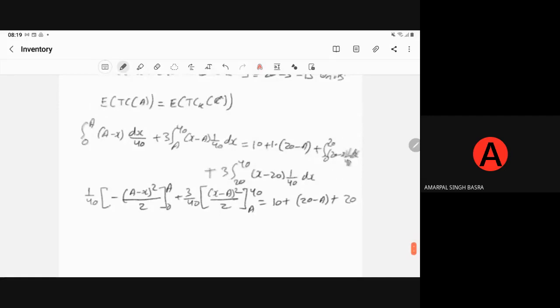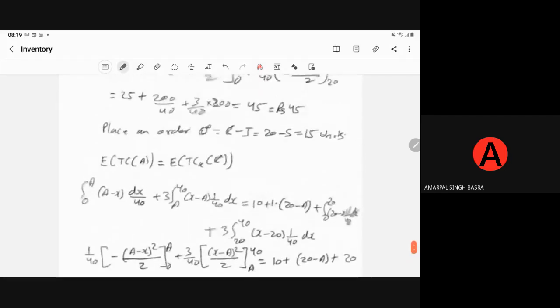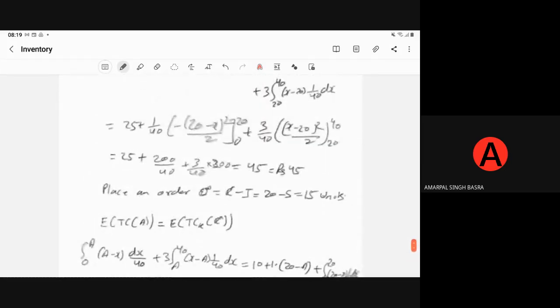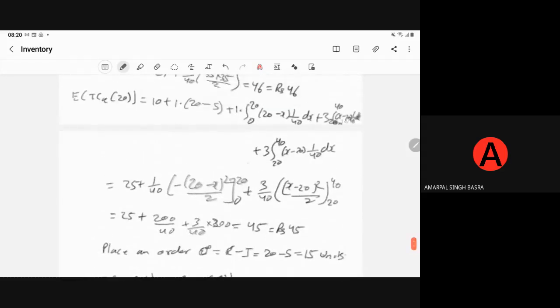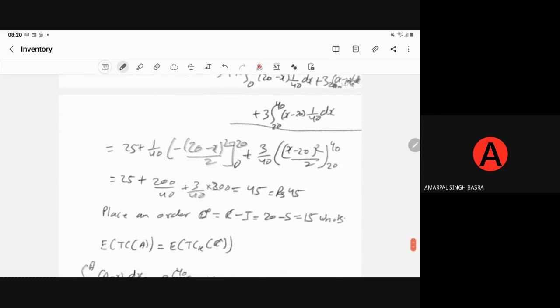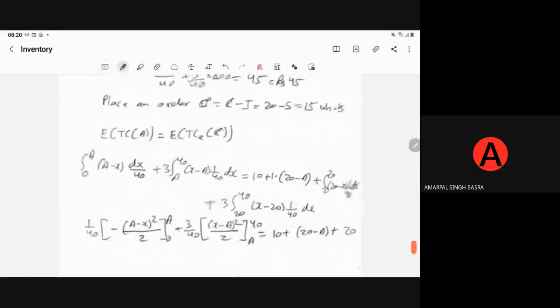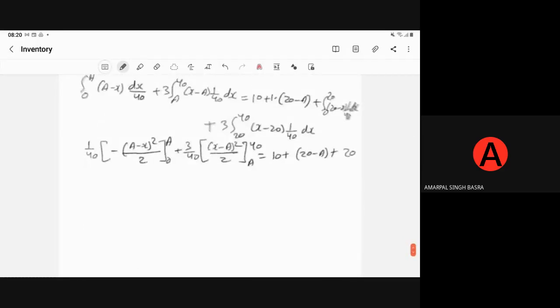Because this integral we have already solved here, it is the same integral. So already we have the 25 plus 20, that is 45. So here I can directly write the 20.